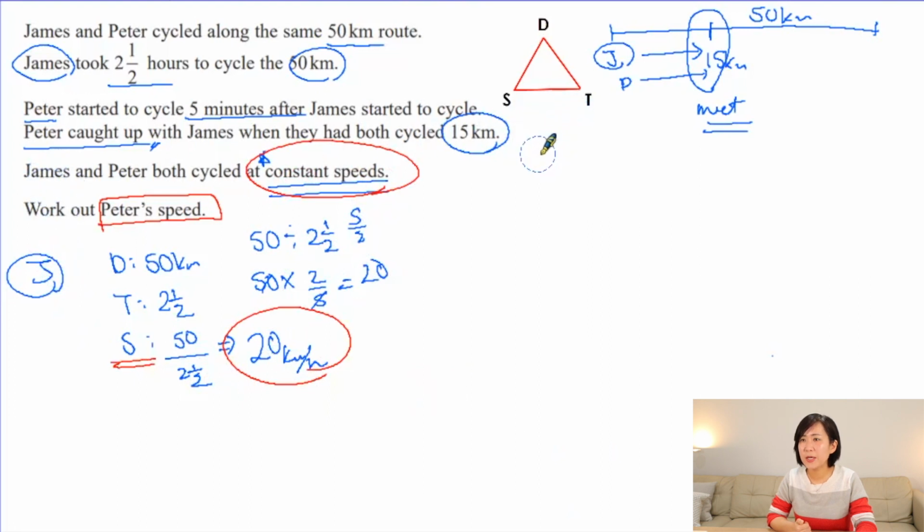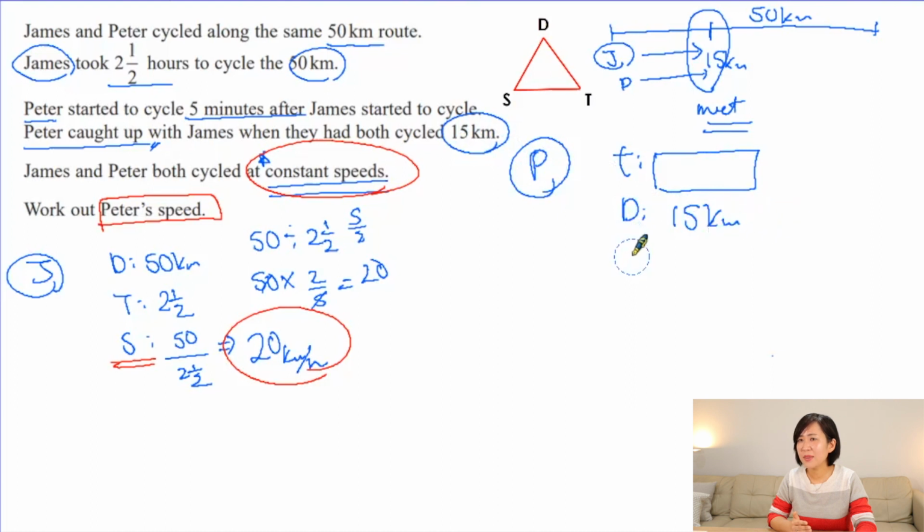Now let's talk about Peter. Peter is a bit tricky because we don't know the time. All we know is he started 5 minutes late. Then our distance is 15 kilometers. To find out Peter's speed, we need to calculate our time. Now, to find how long Peter took to get to the 15 kilometers, we need to think about James.